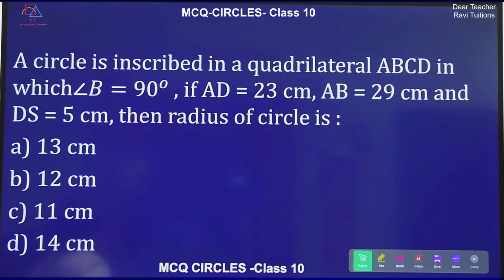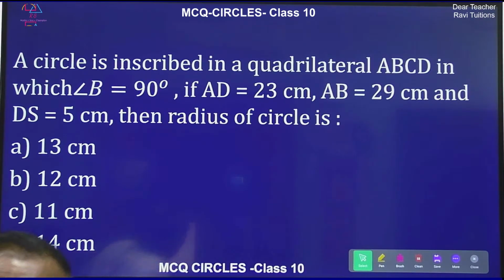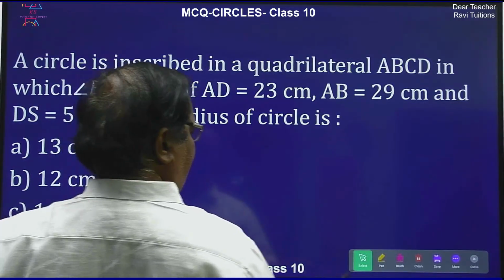It is C, C is the answer. It is not correct, C is the correct answer. Find out your answer, Mr. Hardik Joshi. Draw the figure and put the values, then you will get the answer. The answer is 11.